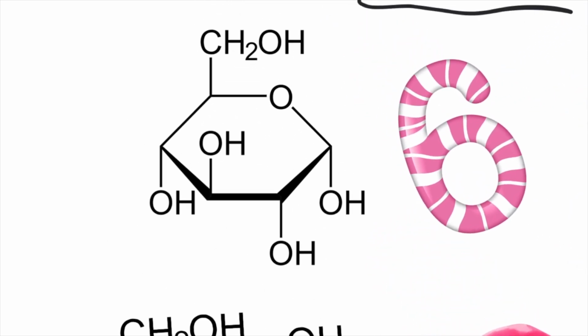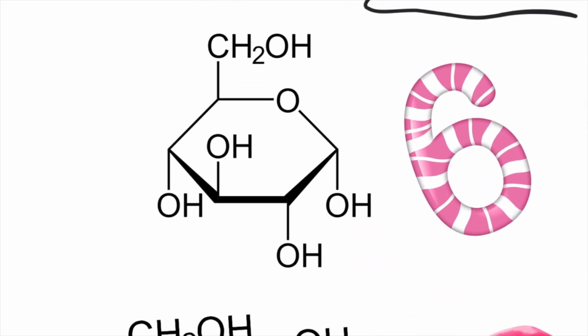One is called hexoses. What does hexose stand for? A hexose is any carbohydrate or monosaccharide that's made up of 6 carbons. Hexa is 6. Ose is usually the suffix we use for carbohydrates.